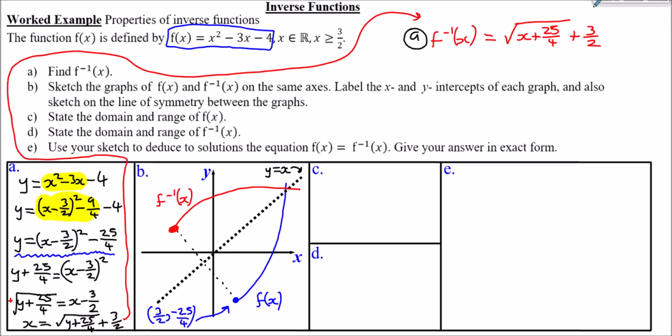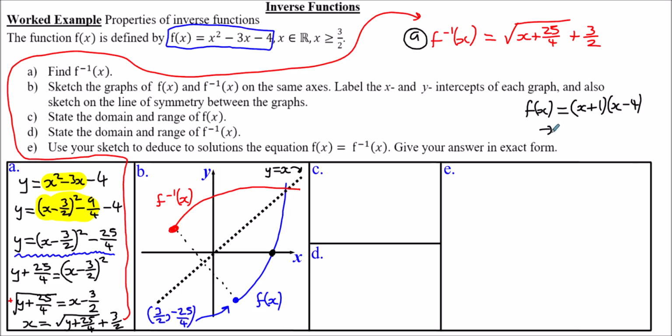So if we have a look at the graph of f of x, there's only actually one intercept on this graph, which is here. We can find the roots of f of x by factorising. Two numbers that multiply to minus 4 and add to negative 3 are positive 1 and negative 4. So I can say f of x is factorised as (x plus 1)(x minus 4).